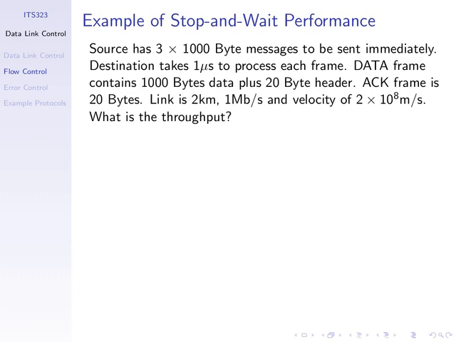The time from when we start a data frame until we receive the ACK, in this example, is always 8341 microseconds. Because the data frames are the same size, the propagation delay is the same, and processing is the same.